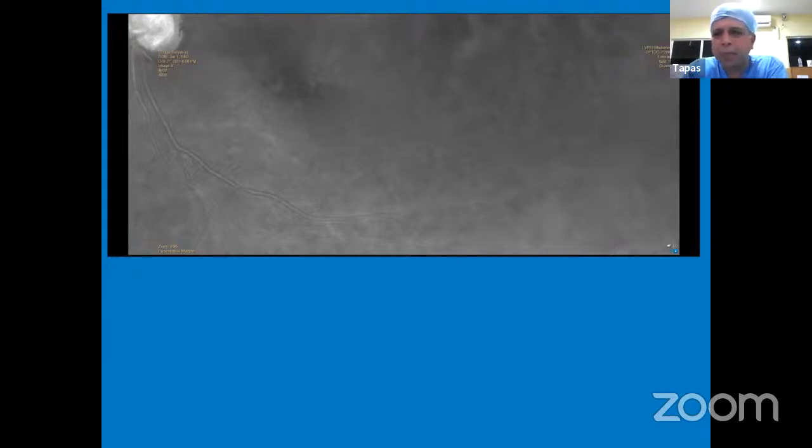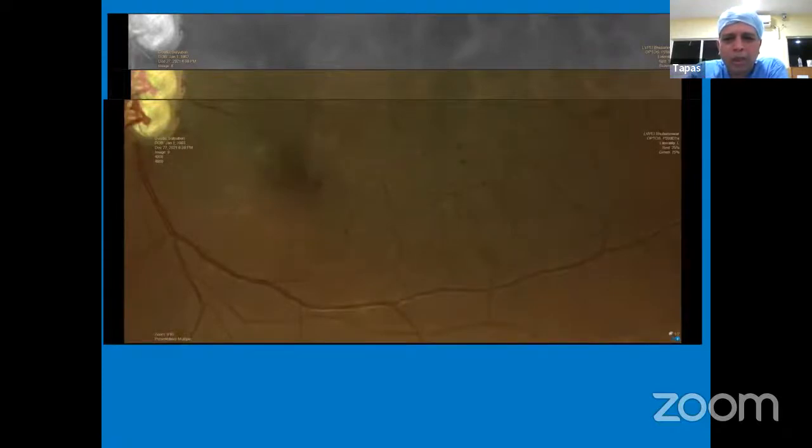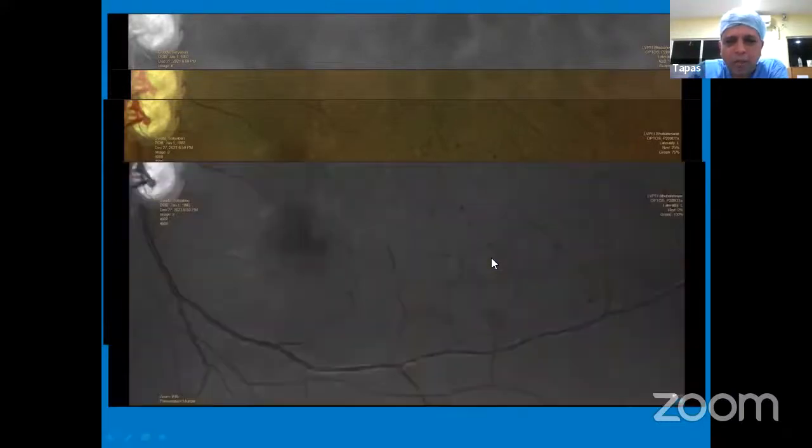Here it is 100% red, and as we keep decreasing the red component and increase the green component, the blood vessels become more and more prominent, and the vascular lesions are more apparent. You can see a neovascular front here.